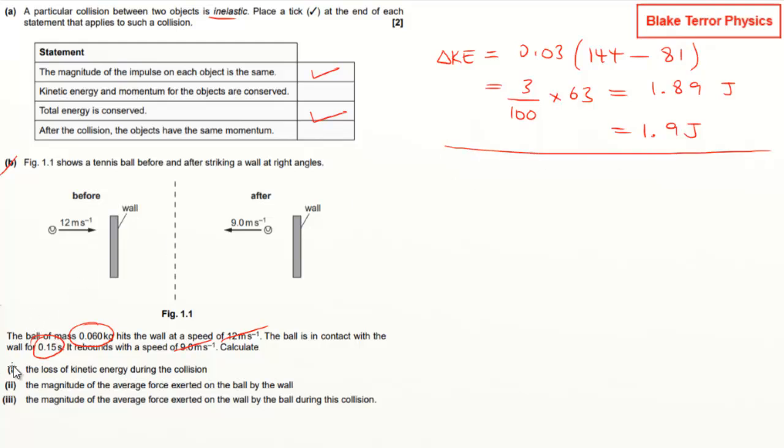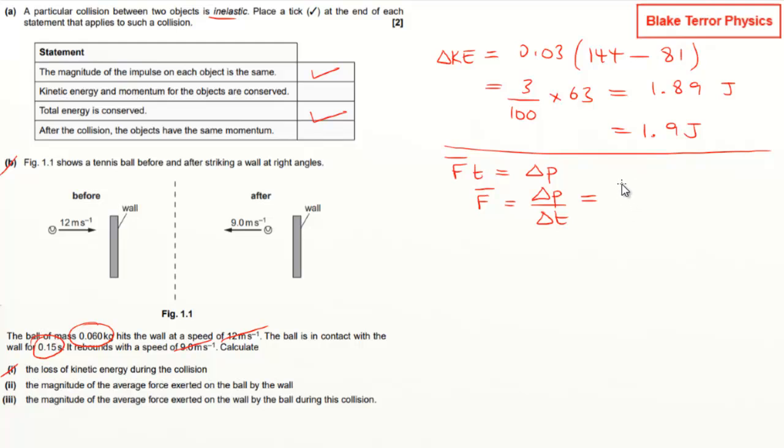Calculate the magnitude of the average force exerted by the ball on the wall. The average force multiplied by the time is equal to the change in momentum. They've given us the time. Another way is just writing down Newton's second law; it's the same equation. What's our change in momentum? Remember, this is a vector quantity.